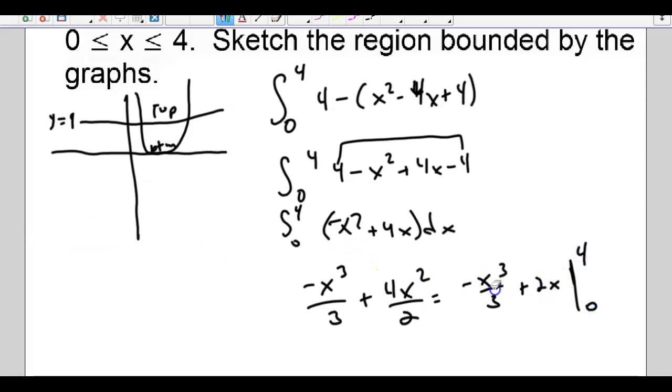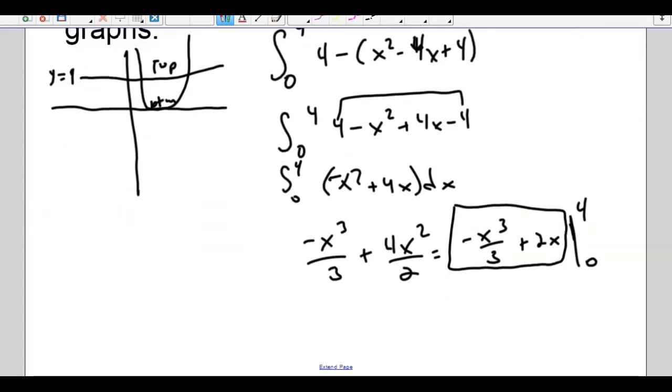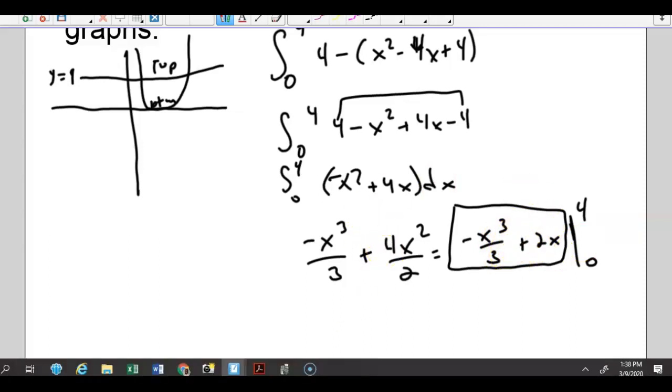Right? So there's our equation right there. And again, you can just take your equation and put that into your calculator.